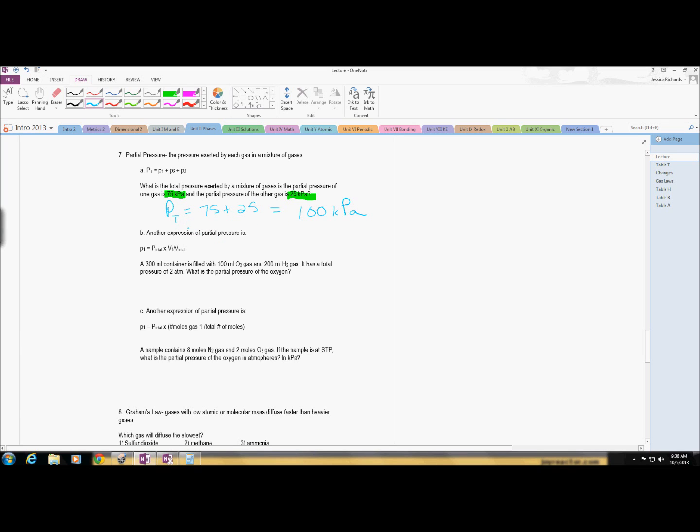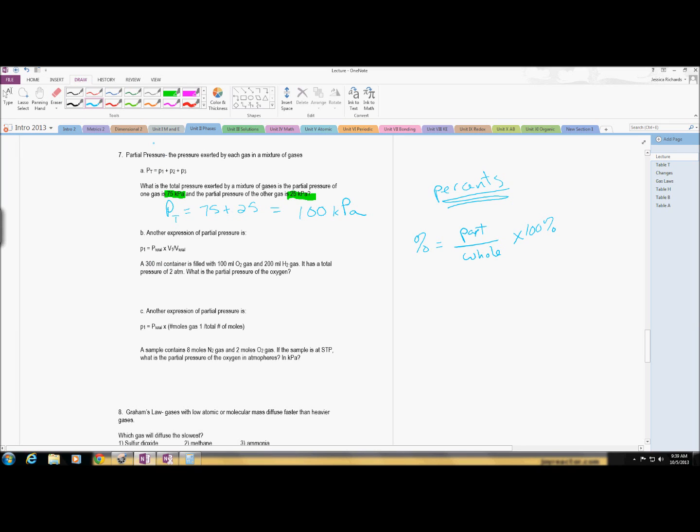Okay, now one of the things that happens though is that because of the way this is set up, we can do percents with it. Percents are going to be super important in chemistry. Percent is going to be part over the whole amount, and then we just multiply it by 100%.